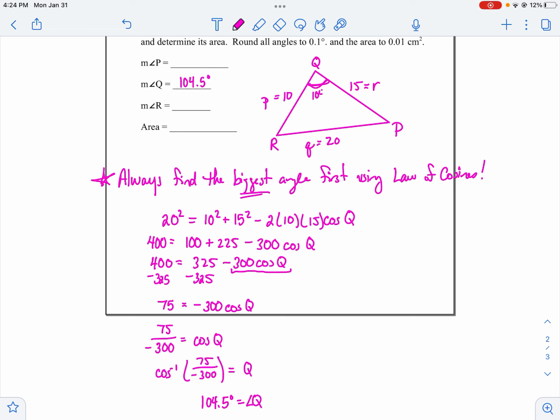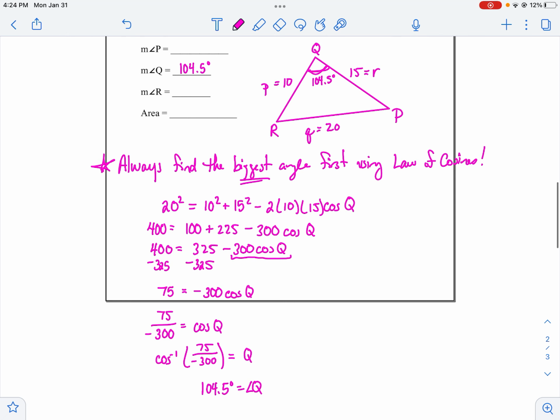Again, as long as I found the biggest angle first, I'm safe now to use the law of sines, even though technically I'm now dealing with an SSA situation. But if I found the biggest angle first, I'm going to be safe. Okay, that ambiguity that we talked about is going to be okay. So now I can just set up my law of sines. I have the sine of 104.5 degrees divided by 20 equals the sine of, I can just pick one, I'll do P, sine of P over 10.